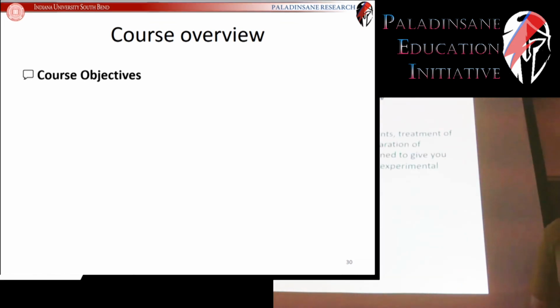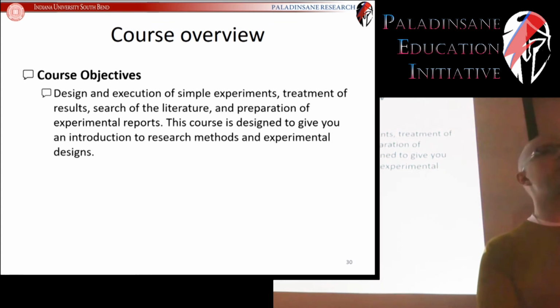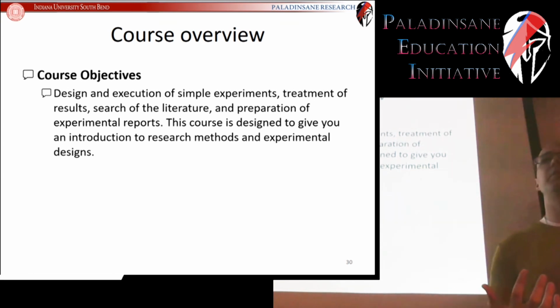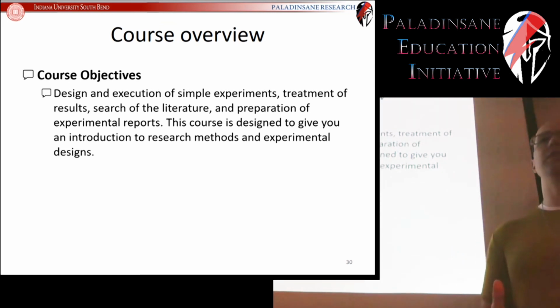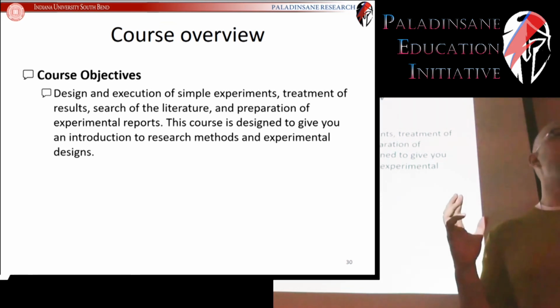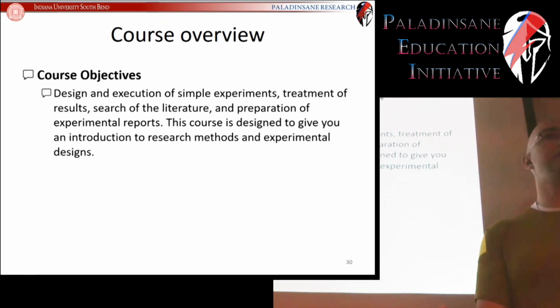All right, so course objectives. This is where you're basically going to learn how to design and execute experiments in psychology, how to search the literature, how to prepare an experimental report, how to read experimental reports. So this really is an important component of your psychology education, because almost all psychology comes from experiments that discover how your mind works.